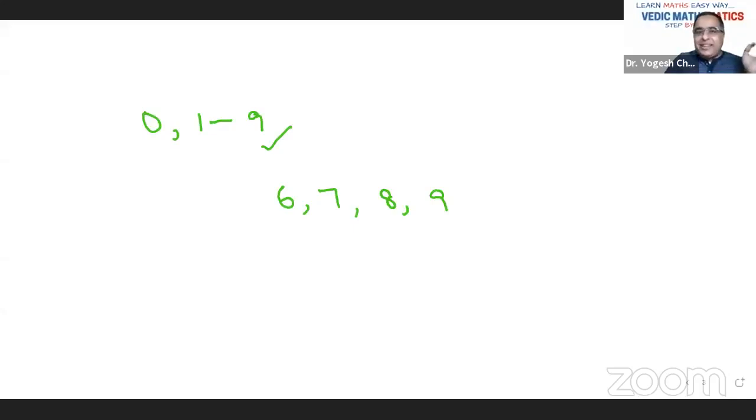Are you clear with the definition now? What are Vinculum numbers? Yes, sir. We'll come to how these are derived. The first point was what a Vinculum number is, the second why it is needed, and derivation is the third point. Don't worry.